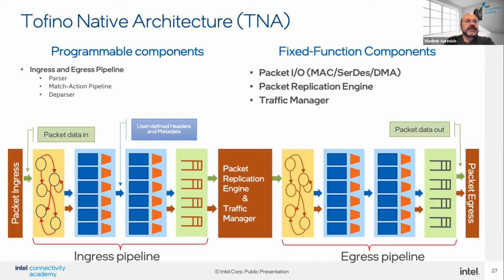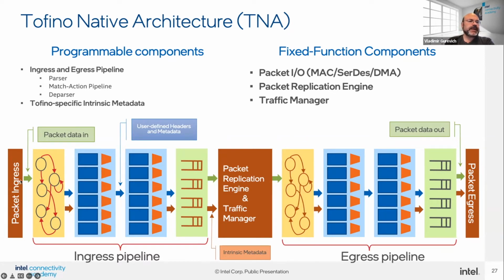What is important is that it doesn't really matter what kind of configuration you have in your pipeline, or what type of traffic manager and packet replication engine you have. From a P4 standpoint, and we'll talk about the language in a second, they all look the same because we can control these components using the so-called intrinsic metadata, a set of well-defined variables which tell the devices what to do or put in information about what these devices have done for us.